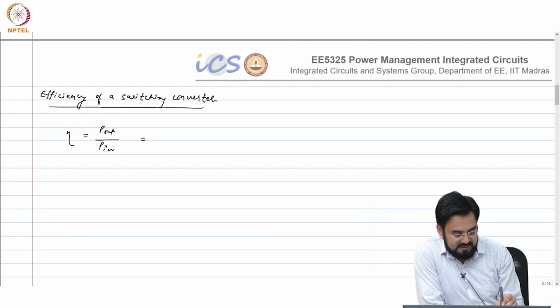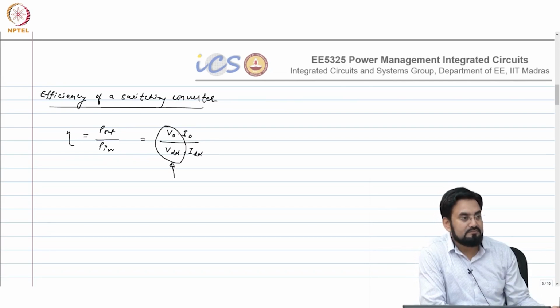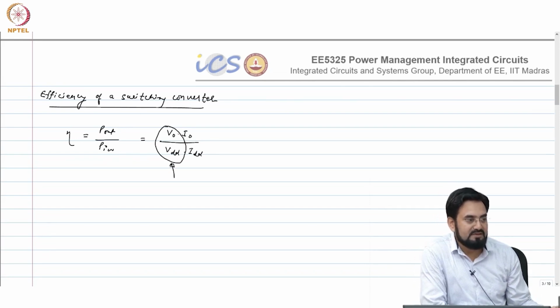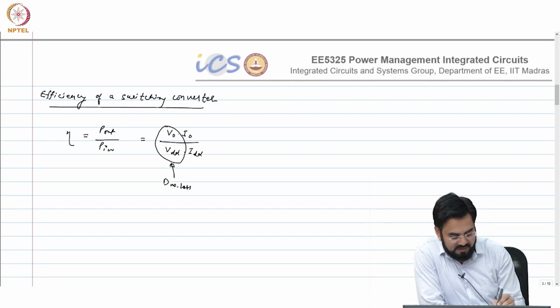So, this can be written as V out times I out over VDD times IDD. So, what is this? D lossless, D no loss. And what is this portion?